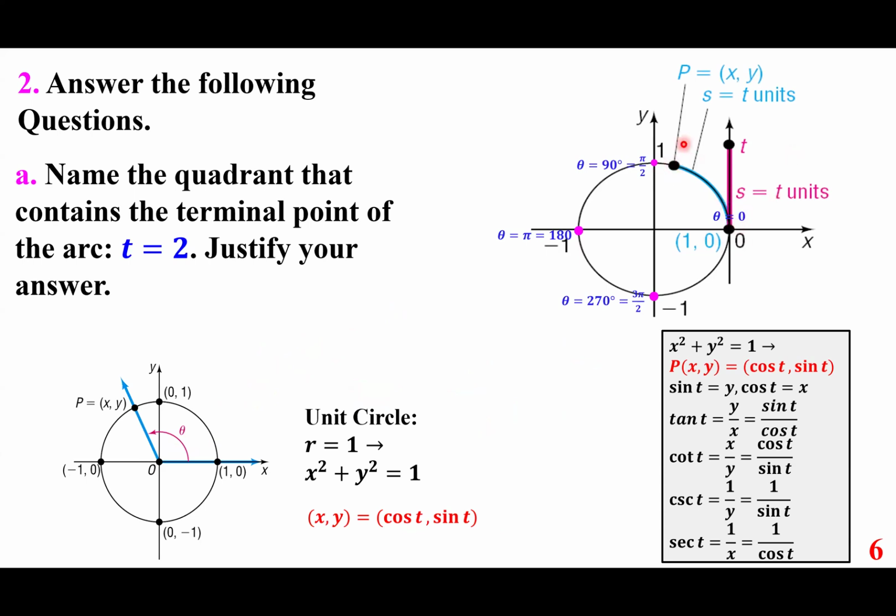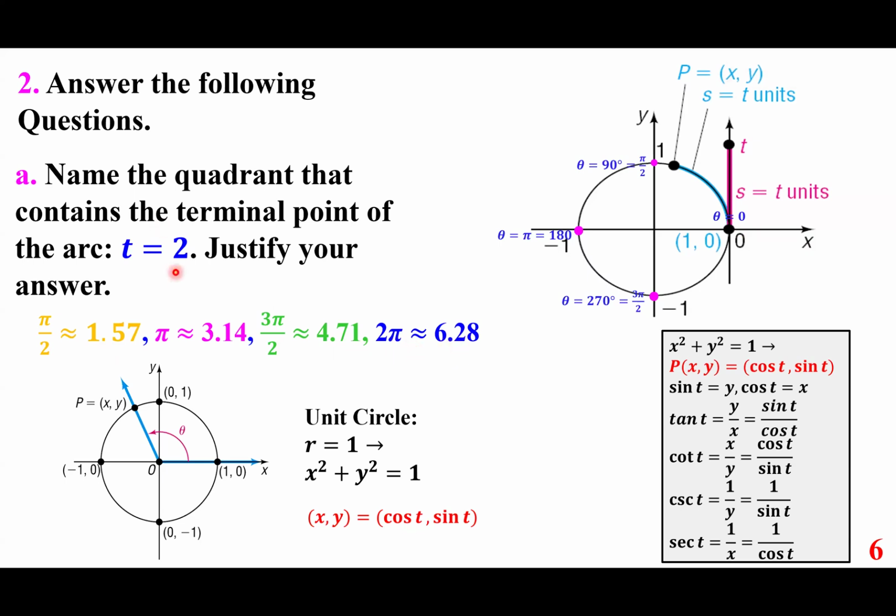S is t units, and P has coordinates x, y. Again, x is cosine, and y is sine. Furthermore, we know pi is about 3.14. Therefore, pi over 2 is half of that, 1.57. 3 pi over 2 is about 4.71. 2 pi is almost 6.28.